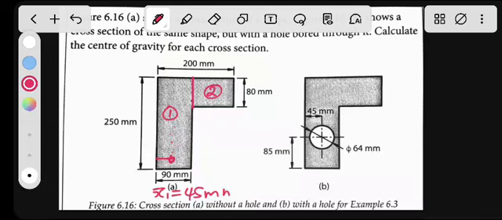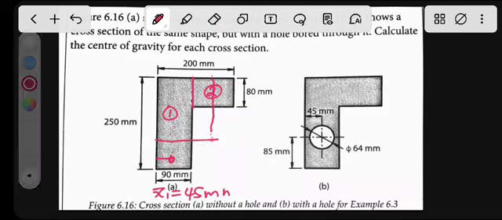What about the x bar of object 2? We start from here and go to the middle of this object. That will be your x bar 2. This portion is 90, so we have 90 plus the center of this object.